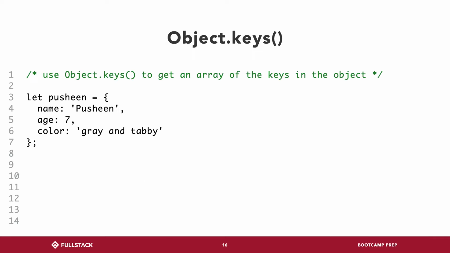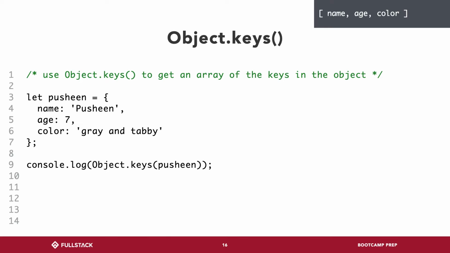Then we have Object.keys. You use Object.keys to get an array of the keys in the object. This is very self-explanatory, okay? Who has questions on this? Object.keys, open parentheses. You just pass in any object, and you're always going to get an array of keys. If you pass in an empty object, you will just get an empty array, because there are no keys.